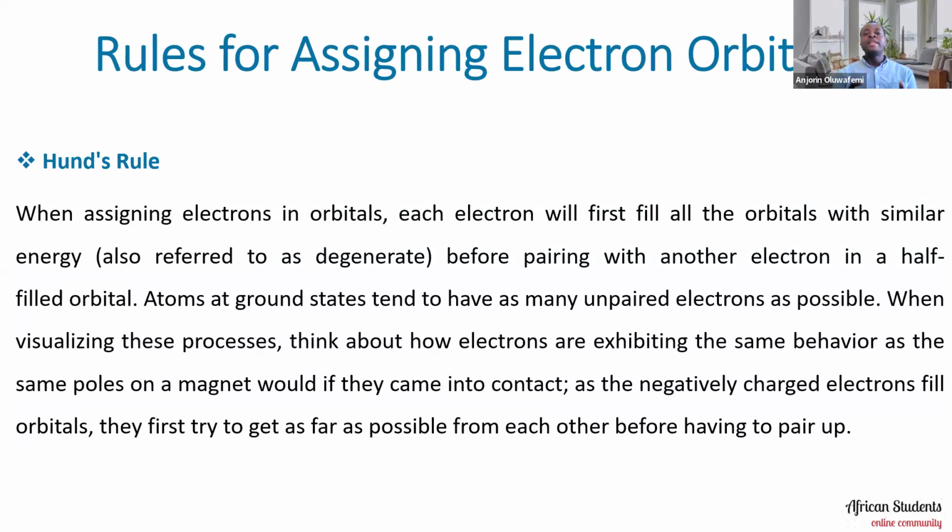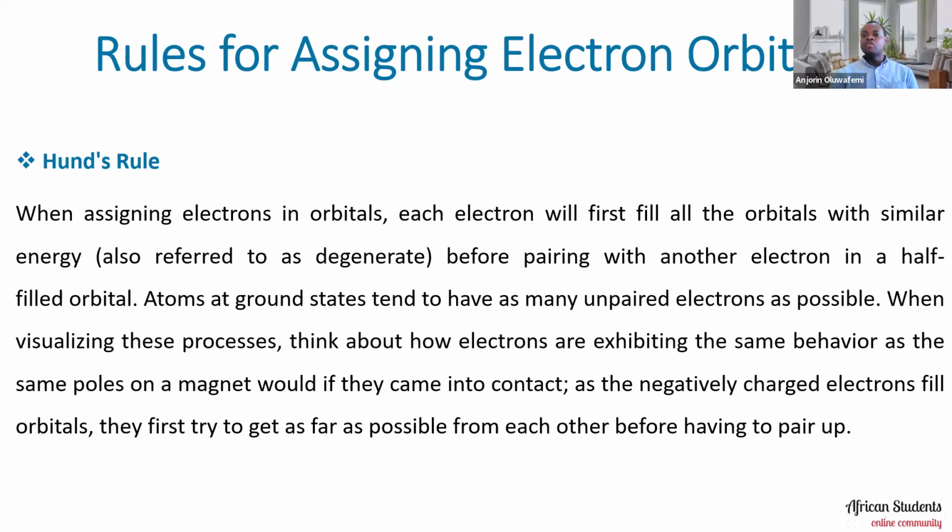When assigning electrons in orbitals, each electron will first fill the orbitals with similar energy, also referred to as the degenerate orbitals. So a 1s orbital will be filled first before you fill the 2s orbital.